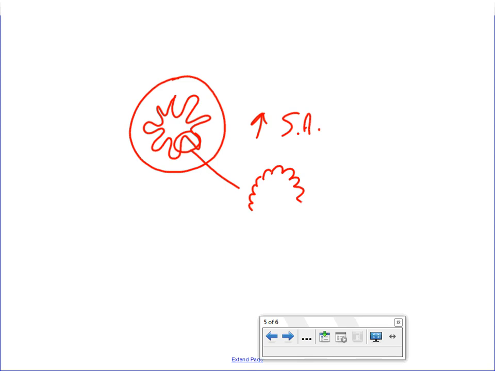Right? So we're looking at a fold, and then we zoom in on one of these folds, and you'll see cells that have little fingers on them called microvilli. And those microvilli also aid in increasing the surface area, which is going to allow for lots of absorption.